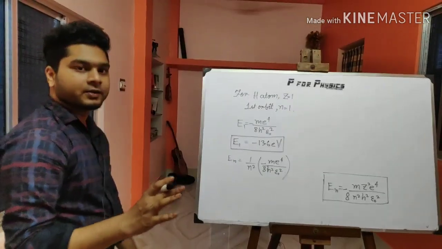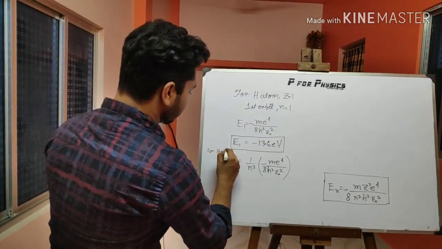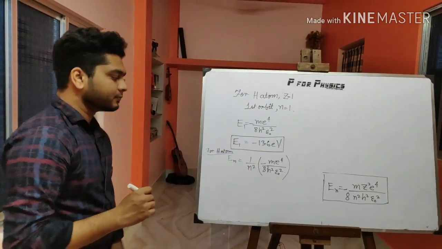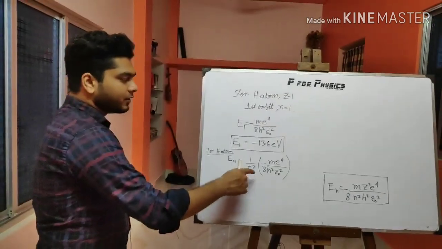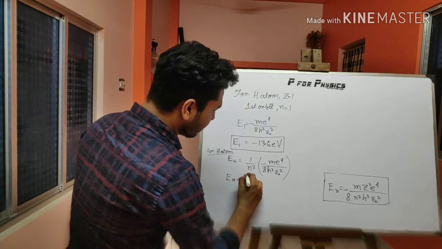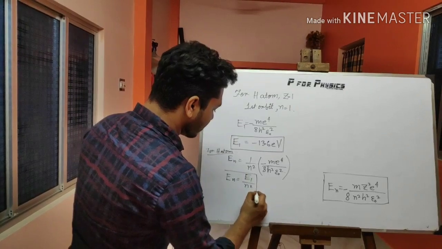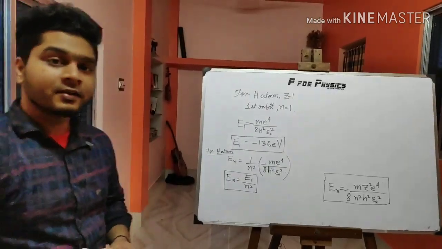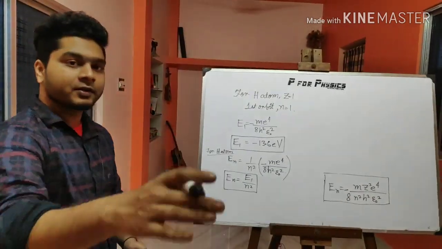We can write it like that. This is for hydrogen atom. Now everything apart from this n square is equal to E1, so you can memorize E1 by n square.